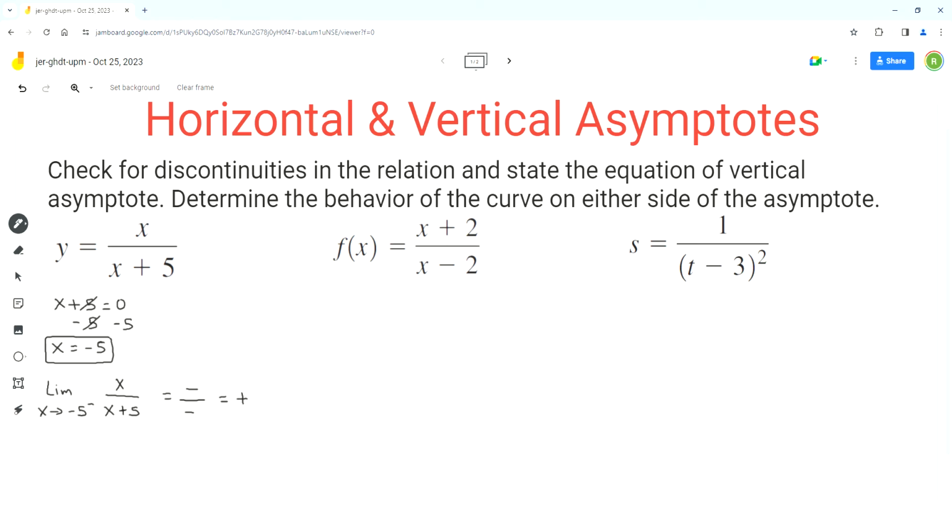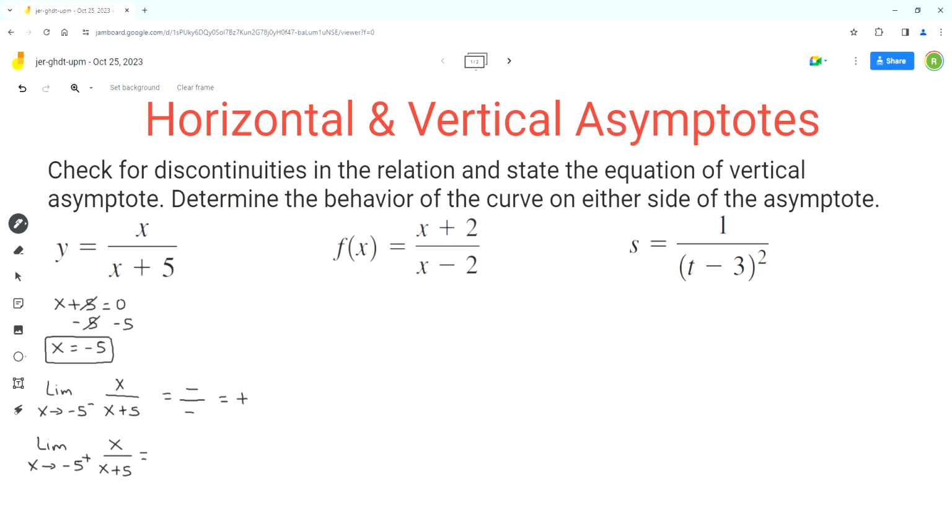We'll write the conclusion after we do the test for the asymptote from the right side. For that we can do the test as limit x approaches -5 from the right side, and for the right side we put this plus sign on -5, and then x over x plus 5. Now a value close to -5 on the right side is -4.9 or -4.99.